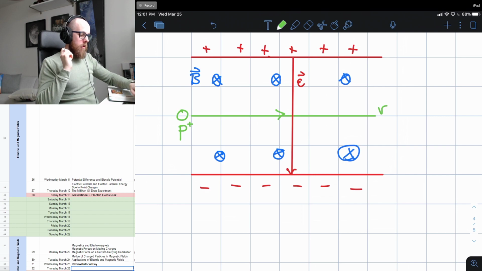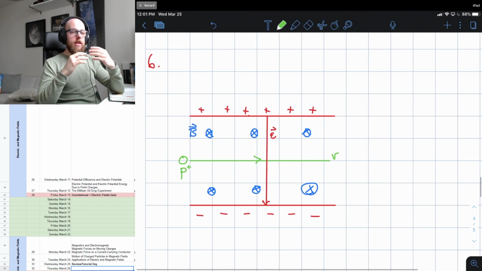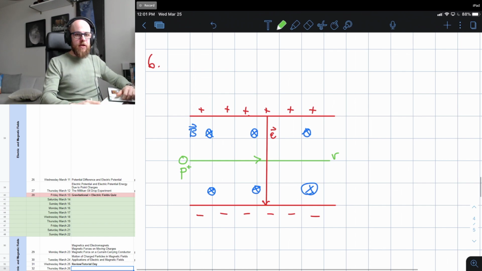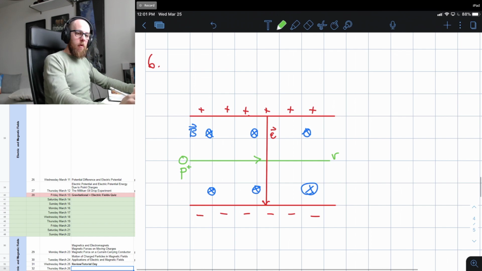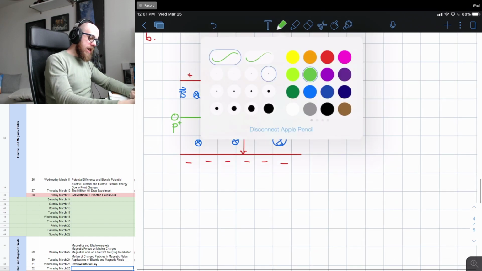Okay. So in this question, we are told that essentially we want to find a way to get only protons that are traveling at a certain speed to leave this parallel plate capacitor system, right? Now, the proton will experience a force of attraction in the downward direction.